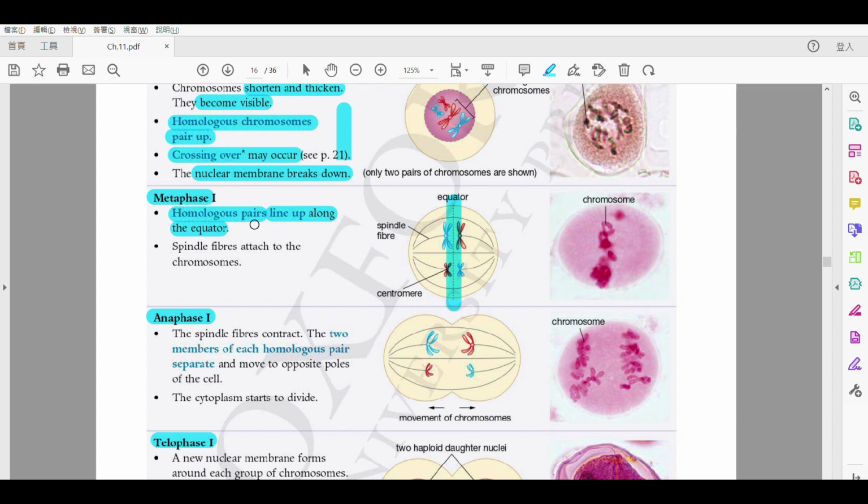Okay, so remember you need to use these words very carefully. So you cannot tell me, say for example, chromosome pairs line up along the equator.